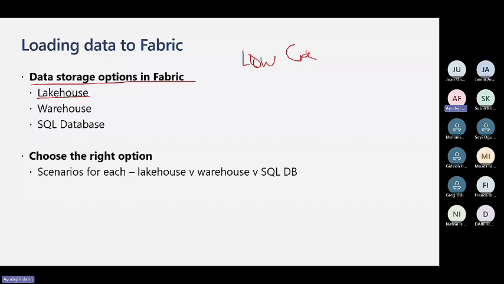So one of the storage options is Lakehouse. What exactly is a Lakehouse? Lakehouse is ideal for storing large volumes of raw data in its native formats. It supports various data types and it's highly scalable. The major reason people go for Lakehouse is the different data types that you can store here.